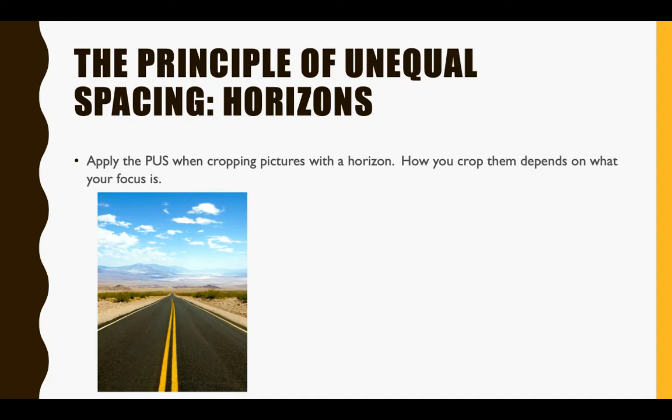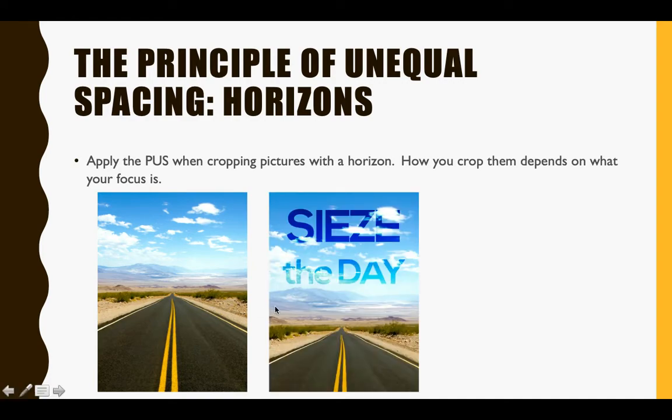But now, when you're making an ad, if you make it on the bottom rule of thirds, which is a tic-tac-toe sign, then you have room in the sky. So what is it that you're going to be using this ad for? Why would you be using something with horizon?